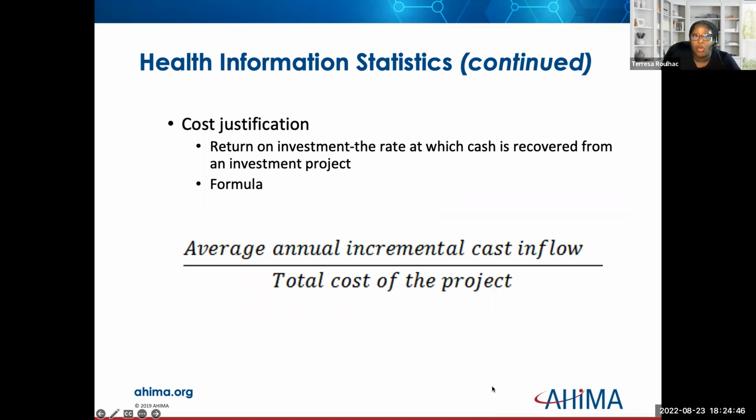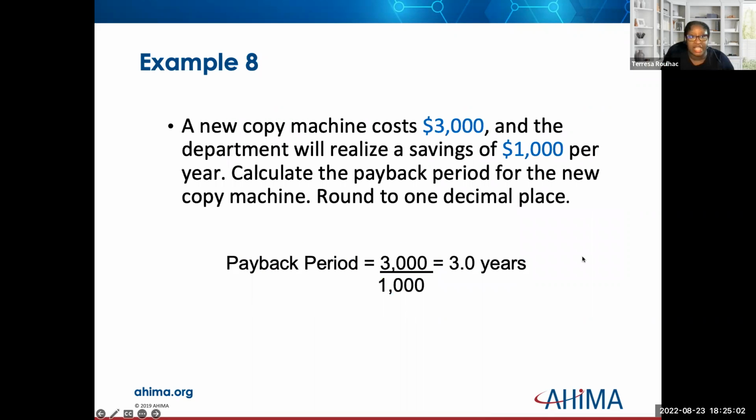So we're talking about return on investment, the rate at which cash is recovered from an investment: annual incremental cash inflow divided by the total cost of a project. Brings us to example 8.